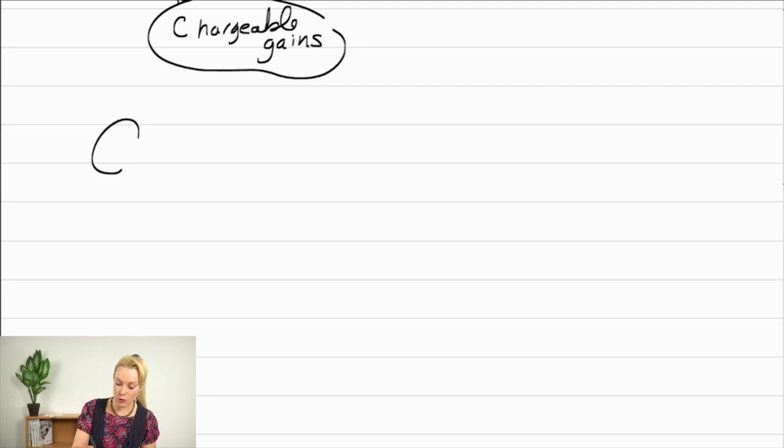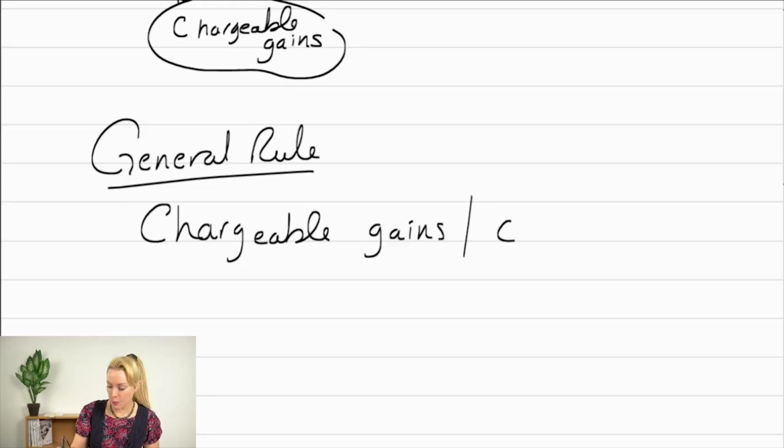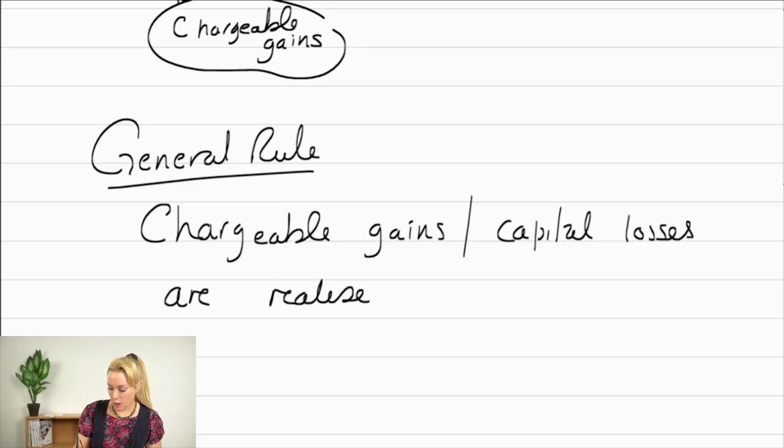So if you think of the general rule, the general rule is chargeable gains and capital losses are realised on disposal.